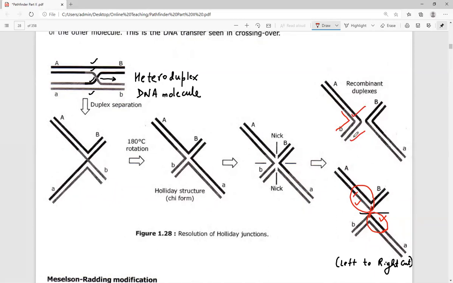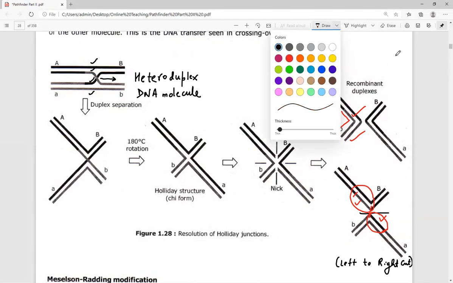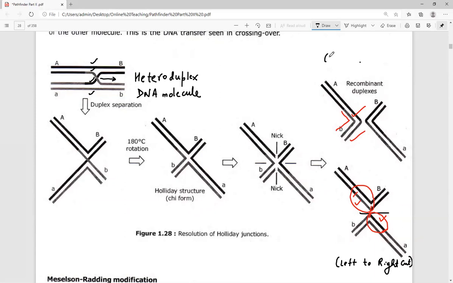Okay, so this was taking place in the case of the top to bottom cut. That one was referred to as the splice recombination product. So the cut was top to bottom. And this was referred to as the splice recombination product.